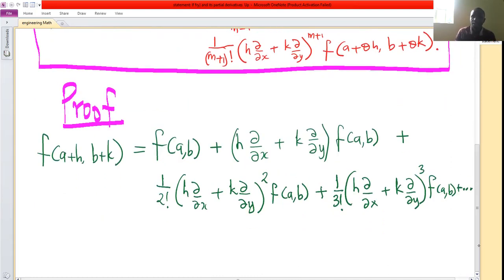So to prove this, the assumption is that you know the statement for Taylor series for function of a single variable f of x at a point x equals to a.